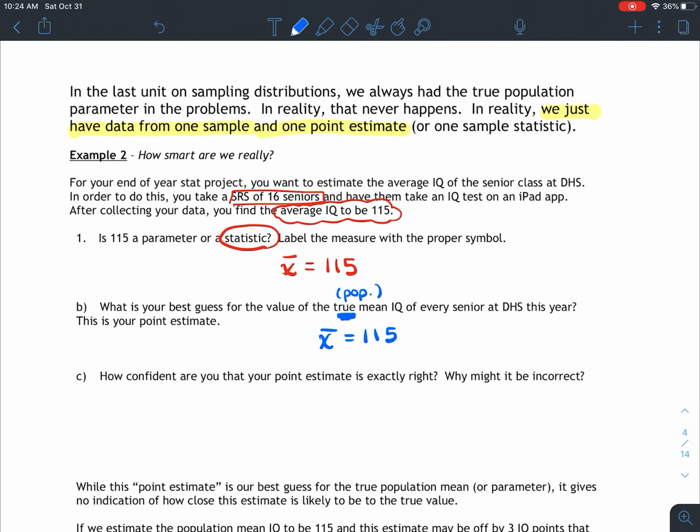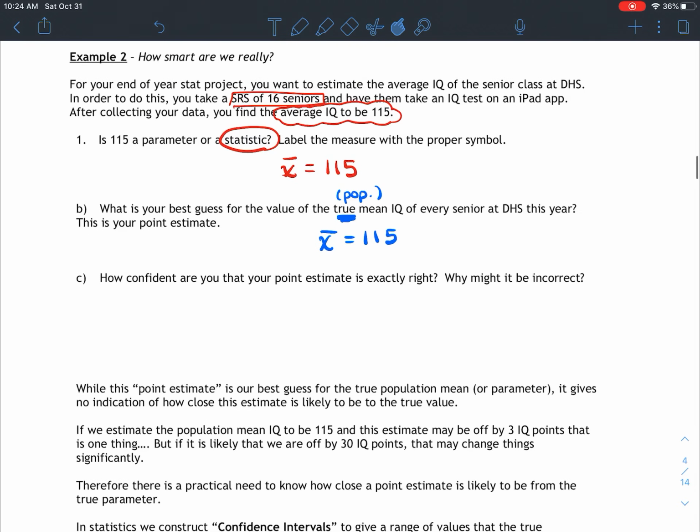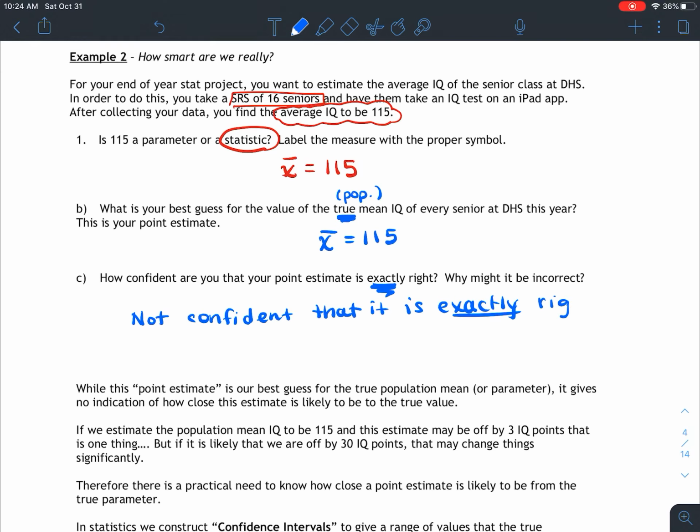It's 115. Okay, now the question goes on to say, how confident are you that your point estimate is exactly right, and why might it be incorrect? Well, we could probably say that we're not confident that it is exactly right. And our reasoning could be because every sample essentially yields a different sample mean.